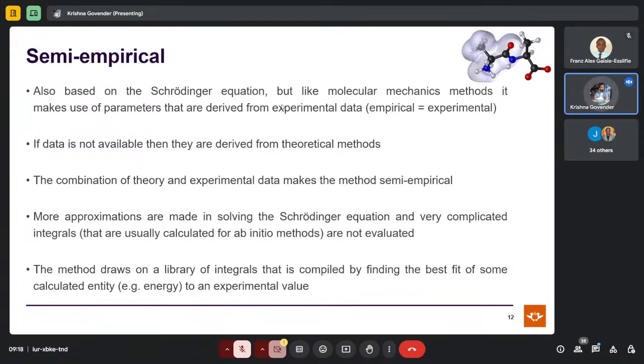What semi-empirical does is it takes some of those integrals and makes them parameters, basically hard-coded values which people have developed over time for some system, and then they plug them in. So those values no longer need to be calculated. They just get pulled from a database and then get run in the simulation. Other quantum properties can still be calculated as you would with the conventional quantum method. So of course you can imagine it's quite fast.